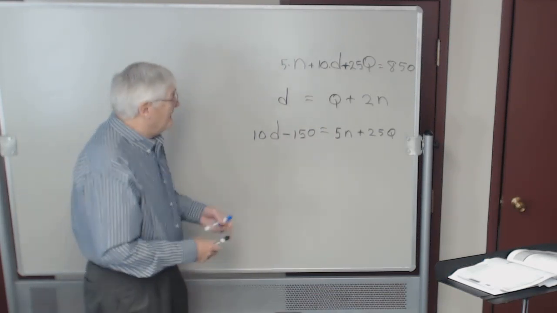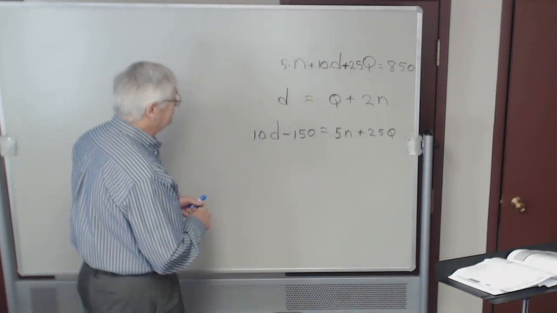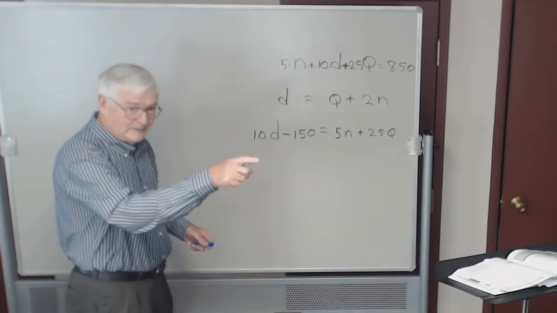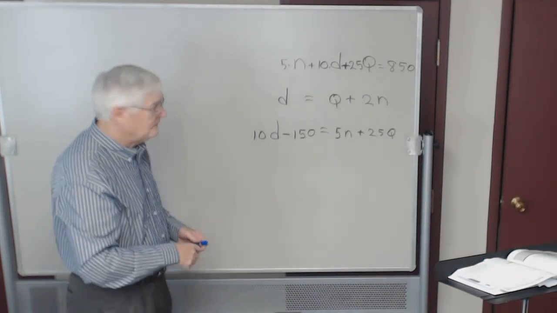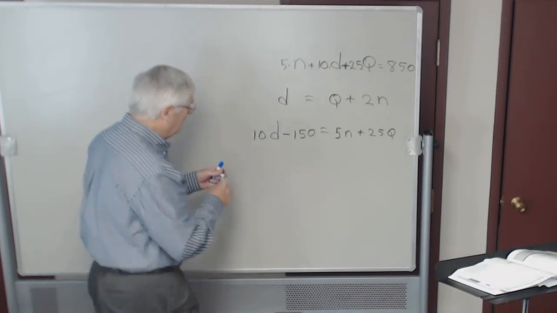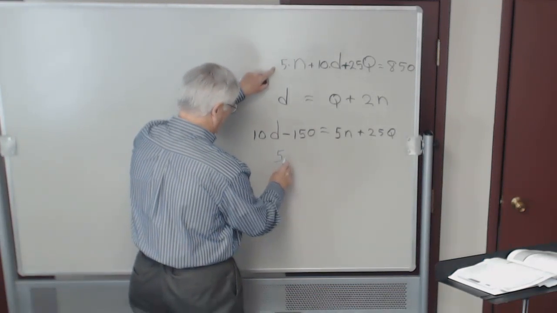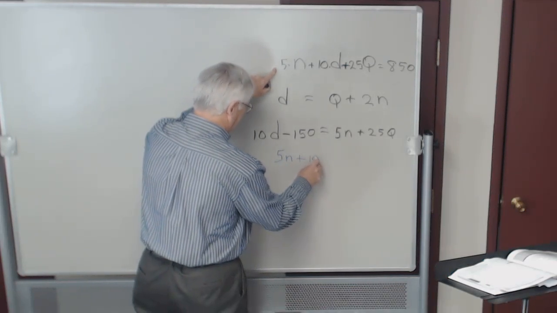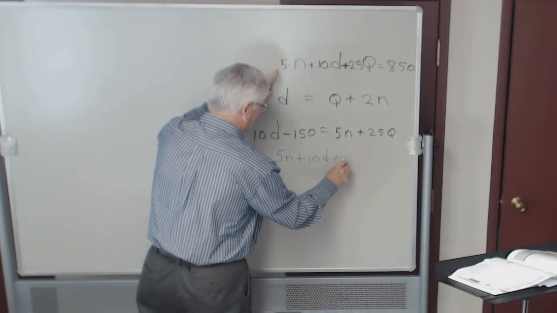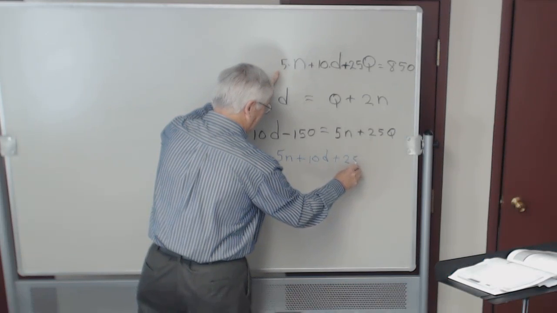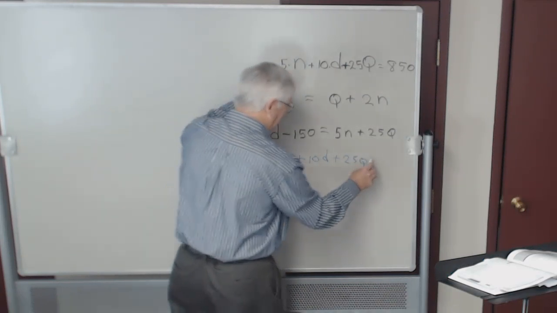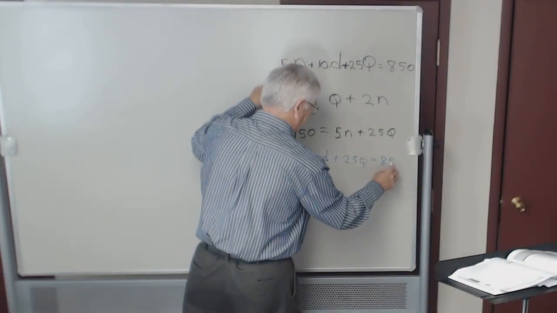Okay. Now I'm ready to turn it into the form that I can use on the computer. So I go 5n plus 10d plus 25q equals 850.